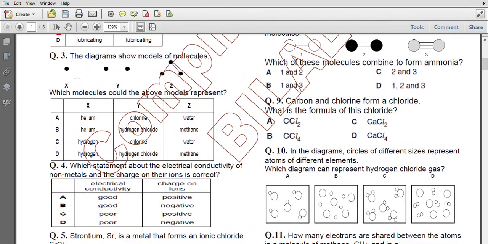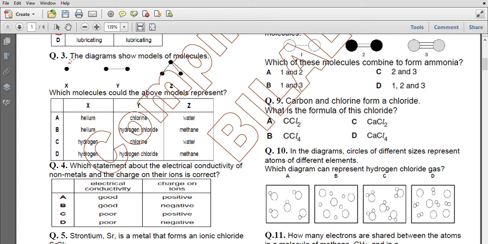Question number 3, a very typical question related to the dot and cross diagrams or the covalent bonding structures. The question says the diagram shows models of molecules. Which molecule could the above model represent?